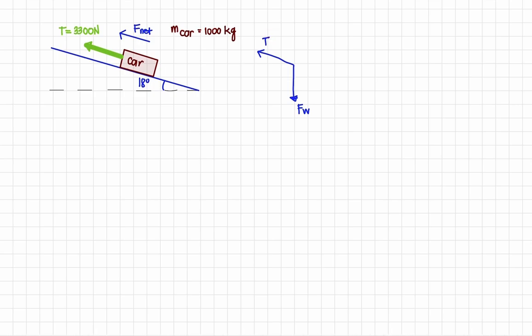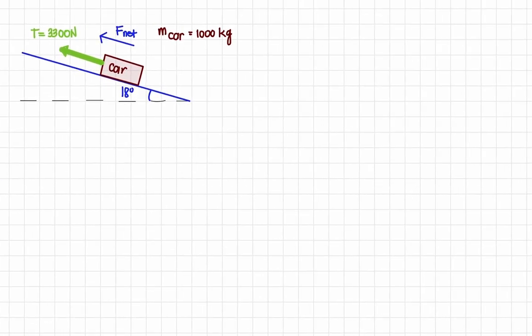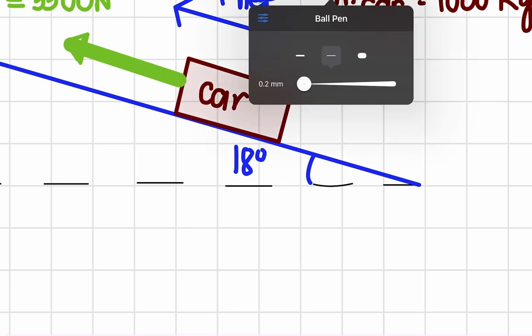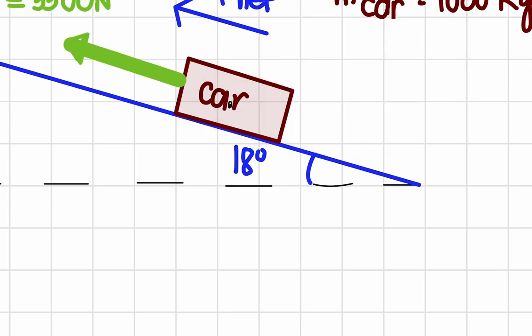So let's zoom this. So if we draw, okay, if we draw a vertical line downward, that would be the weight of the car. But this weight of the car has two components. Okay, let me draw this.